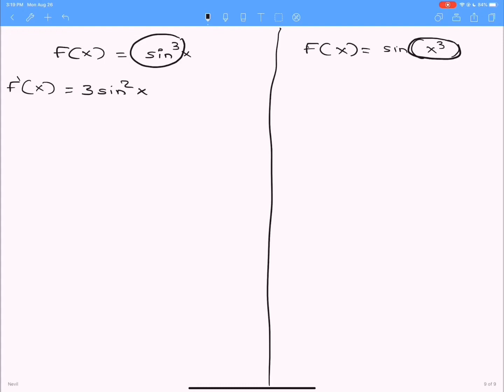Derivative of sine x is cosine x, and that's it. All what you do is you do the outside part first, which is the 3, the power rule. Okay, so you do the outside part. Then you do the inside part, just the trigonometry. Alright? And that's all you have to do. And that should be your final answer for that one.